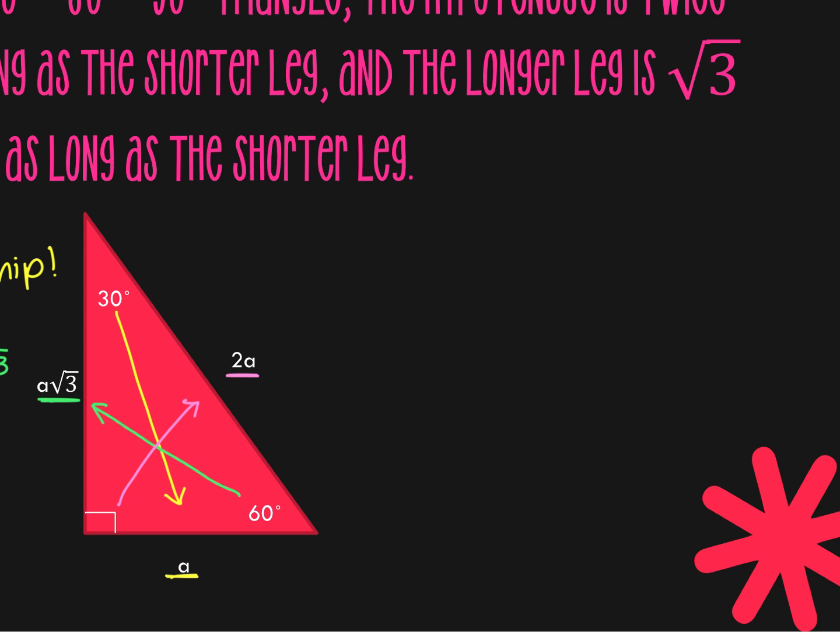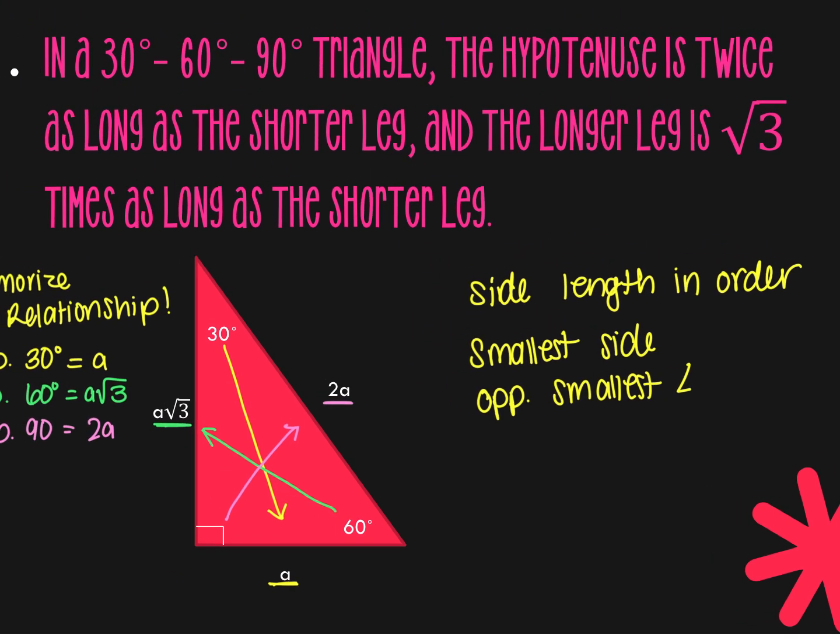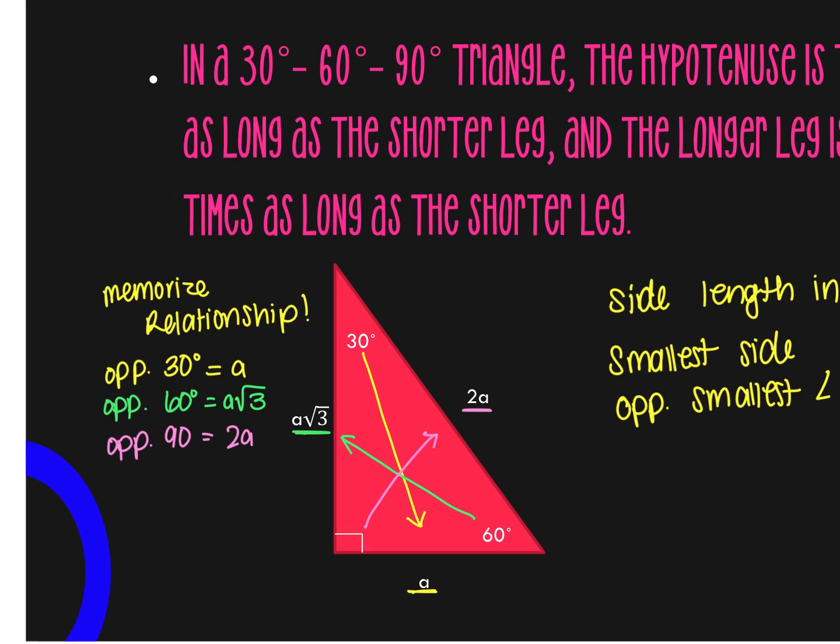So how I wrote them is my side lengths in order, and it's from smallest side, opposite smallest angle. Okay, so I wrote them in order. Please memorize them.